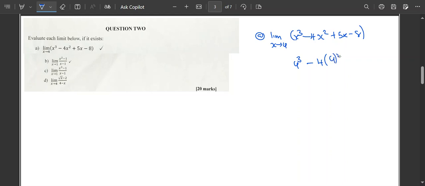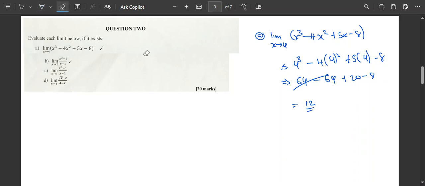So 4 squared, then plus 5 times 4 minus 8. After you substitute the value of x, we say 4 times 4 times 4 is 64. Then minus 16 times 4, that is 64 again. Then here is 20, minus 8, which will give us 0 plus 12. That will be 12. So that's how we are supposed to solve that one.